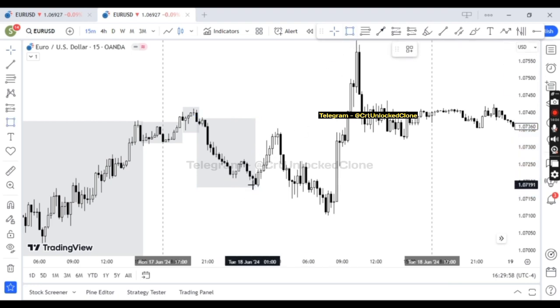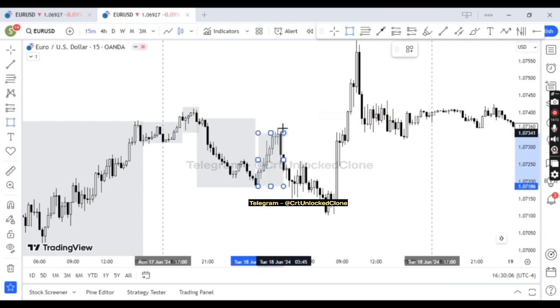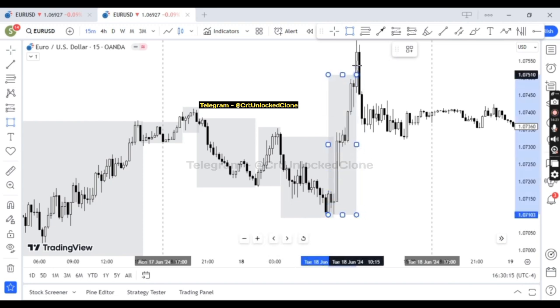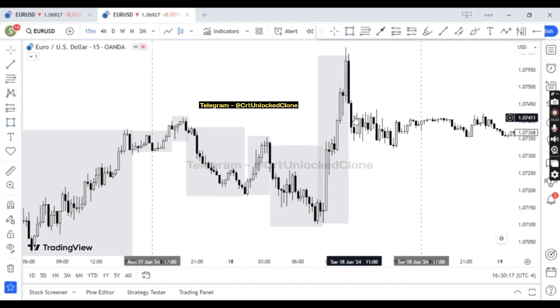Then after an expansion profile, as I said, we can have three possible outcomes: either a ranging profile, a reversal, or a retracement, which in this case was a retracement. And then after the retracement we had an expansion, and then after expansion we had a reversal from here, and then we turned again into a ranging profile.